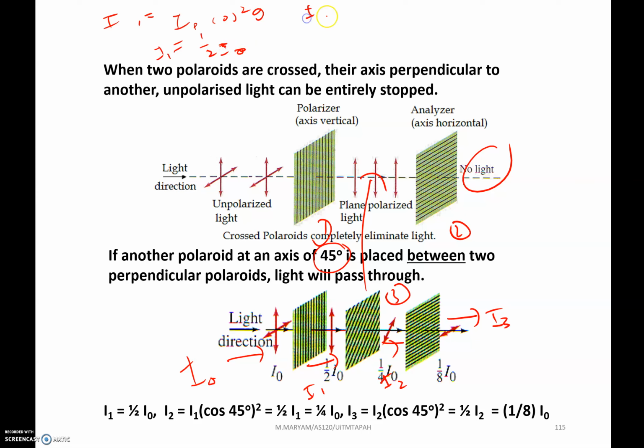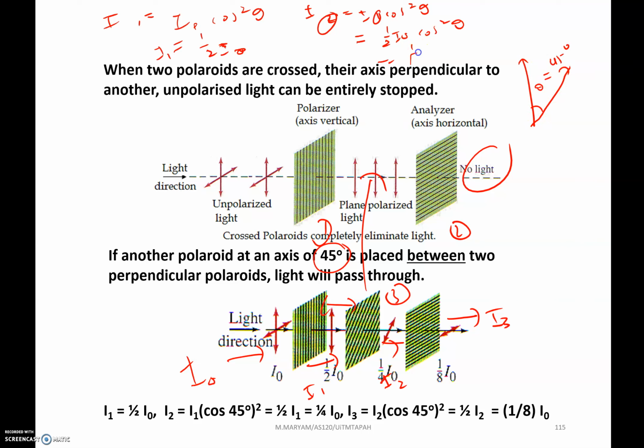Okay, then let's look at I2. I2 will be I1 cos squared theta. So you can substitute your I1 here, which will be half of I0 cos squared theta. The angle between I1 and I2, because we are using I2 and I1 here, will be between vertical and 45 degrees. Meaning your theta is 45 degrees.